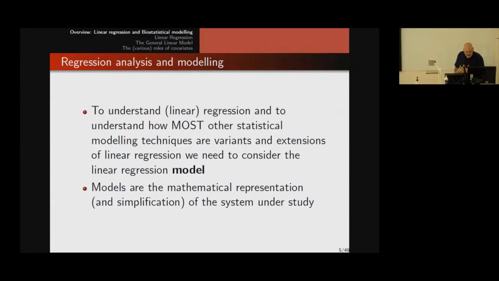And I'll just remind you, when we're talking mathematics here, really actually in all applications, models are the mathematical representation and usually simplification of the system under study, okay? So really we're just trying to get it right in our head a lot of the times when we think about models. We're trying to simplify, we're trying to reduce something to something we can understand and then, I guess, use to fit to data.